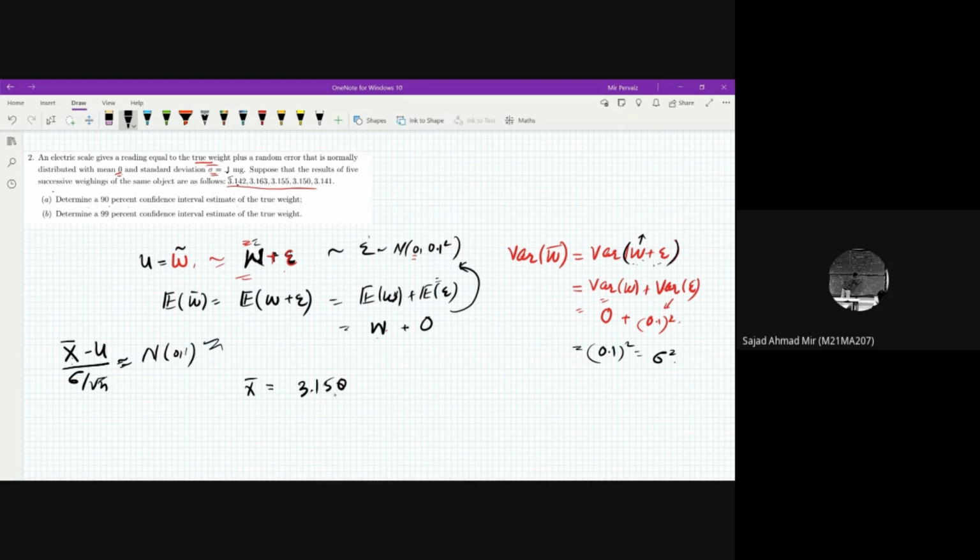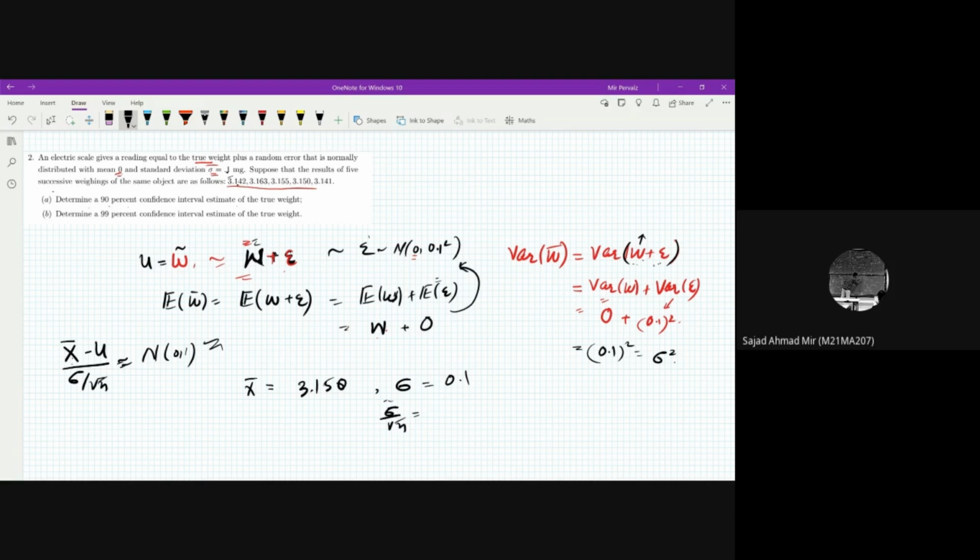So this is my mean x bar, and you are already given sigma. This is 0.1. You have to compute sigma by root n here, and n is 5. Five observations are given, so this value is calculated.